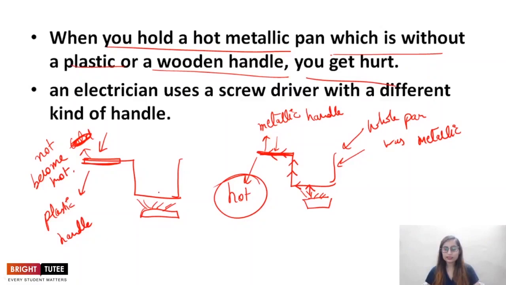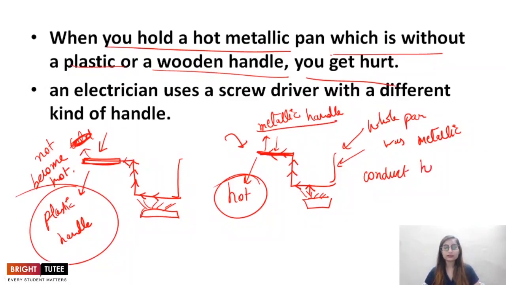While in the first case, the heat traveled into the metallic pan just like the second case, but it could not heat up the plastic handle. So what did we learn here? That metals conduct heat, right? While non-metals, as plastic is a non-metal, do not conduct heat. It remains normal when heat reaches it, right? So this was one property.